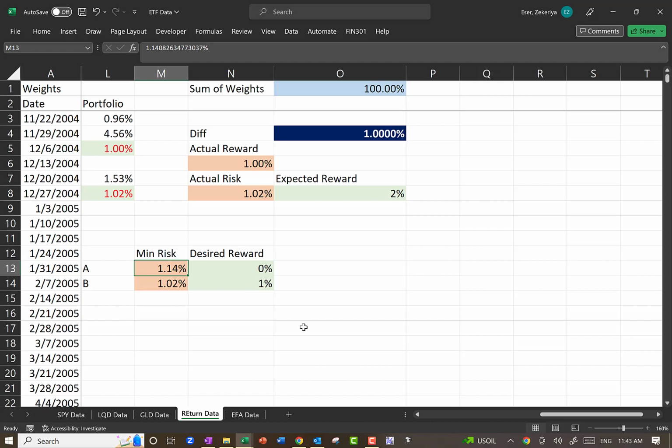Remember, inefficient means there exists another portfolio that has higher reward and lower risk. Is that the case for portfolio A? Can we say with certainty that is the case? How? What is that alternative portfolio?